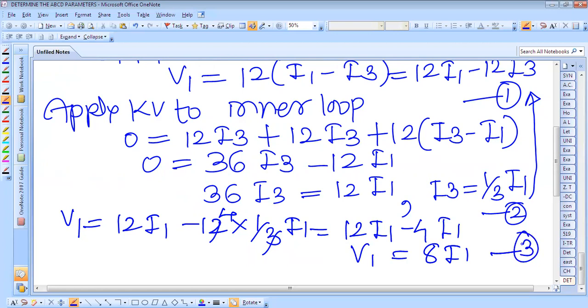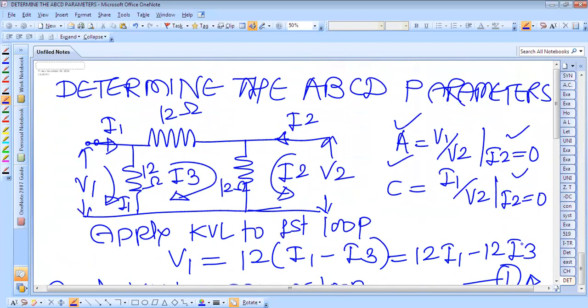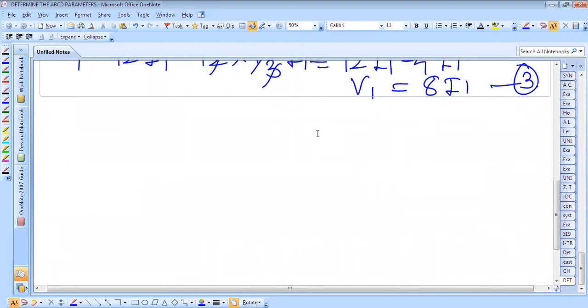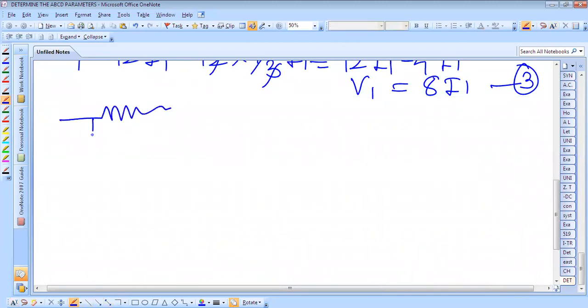Okay, and what is the voltage across this V2? Voltage across this branch is nothing but 12 times I3. So we have got the circuit like this. Here I3 is flowing.